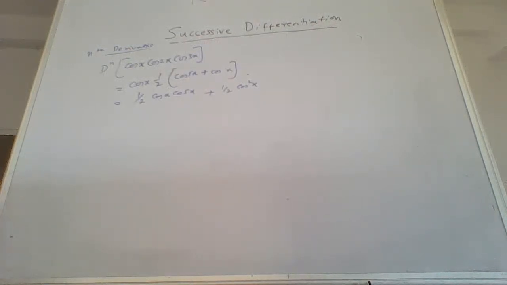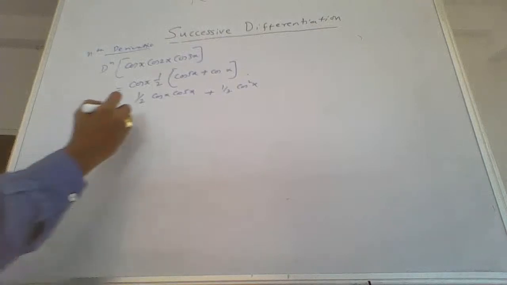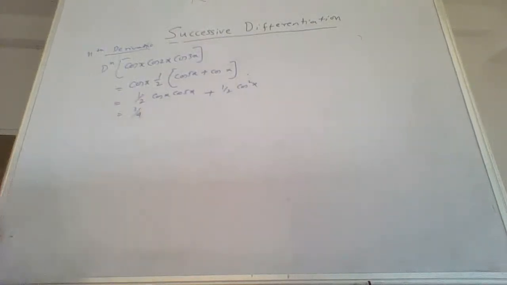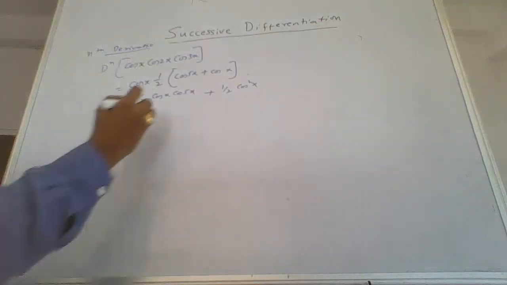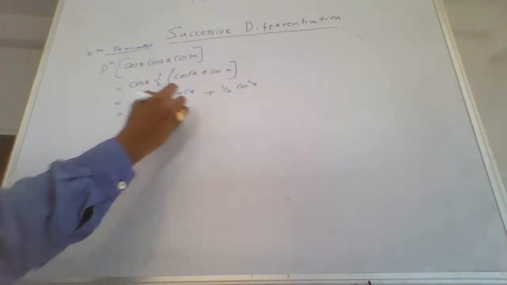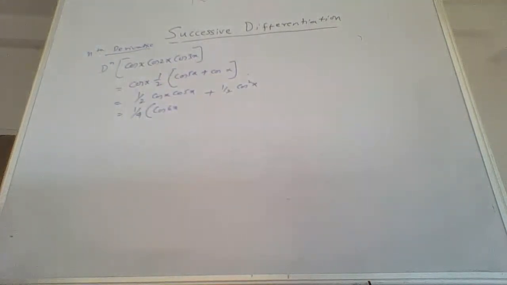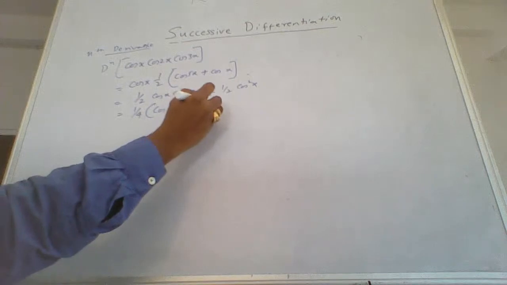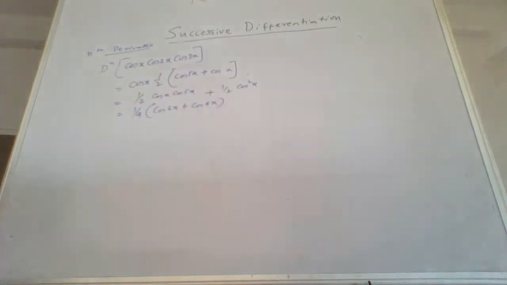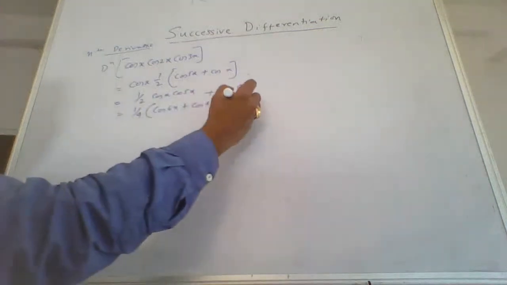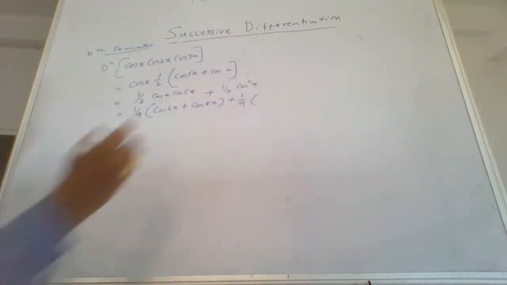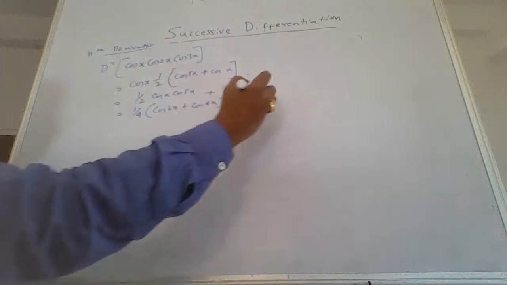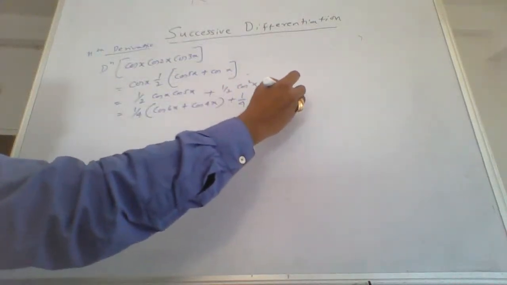Now further, if I simplify, I get 1 by 4 times of cos 6x plus cos 4x. Fine, this is done. And I'll have 1 by 4 times that of cos 2x plus 1.